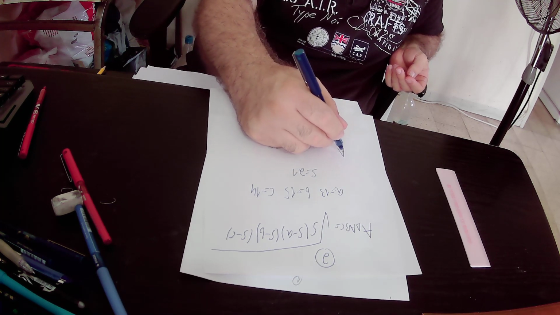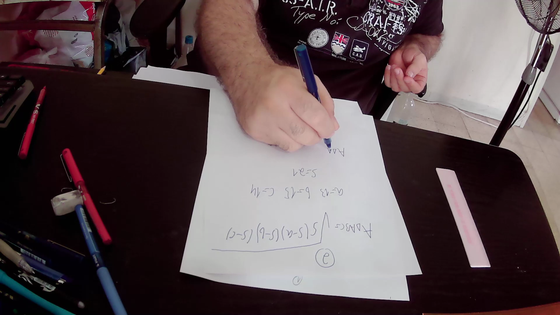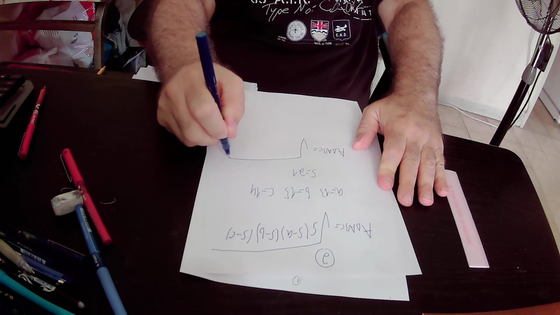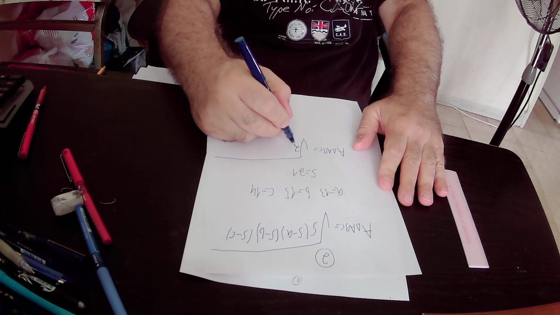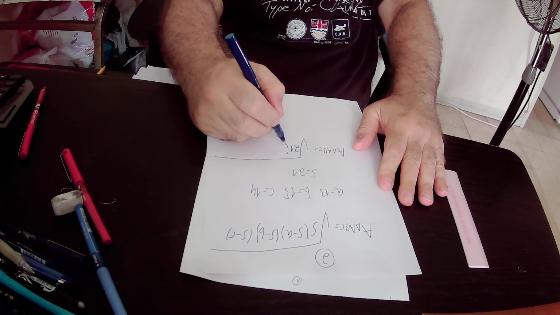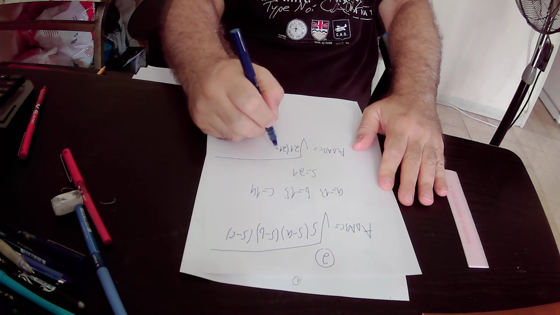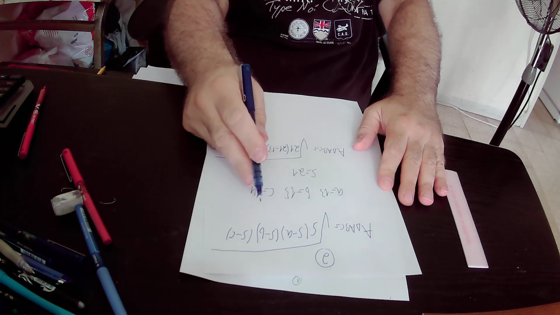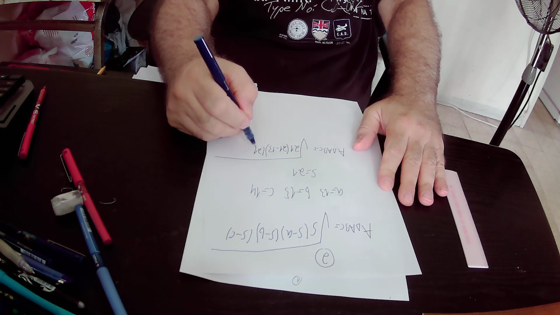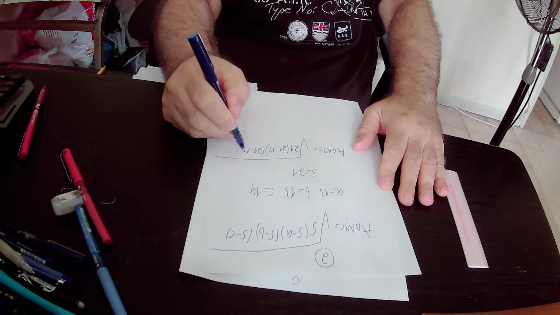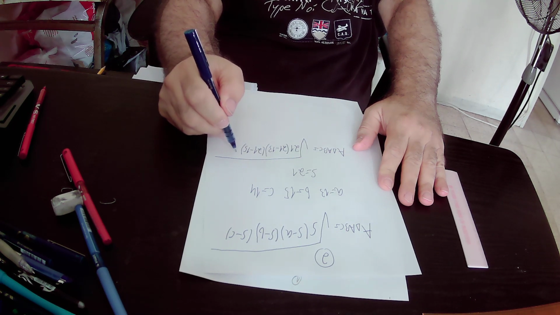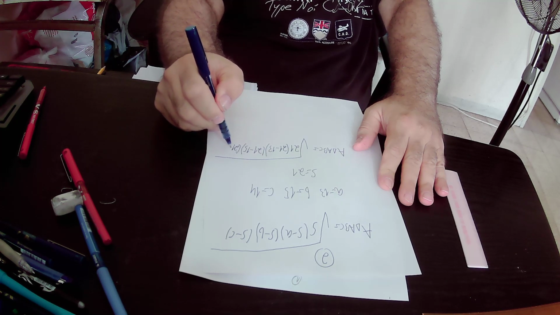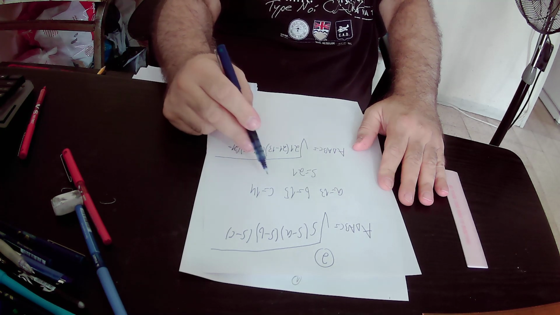So the area of triangle ABC equals the root of S, which is 21, times S minus A, 21 minus 13, times S minus B, 21 minus 15, times S minus C, 21 minus 14.